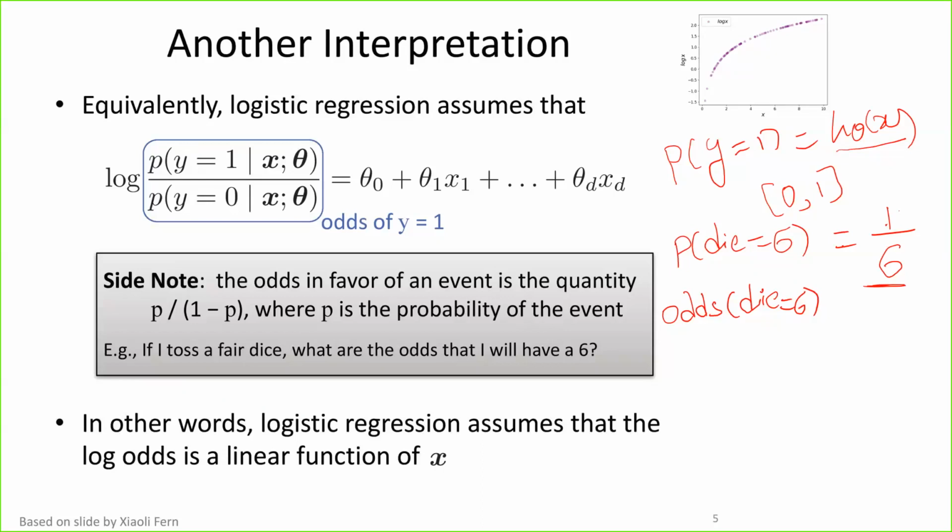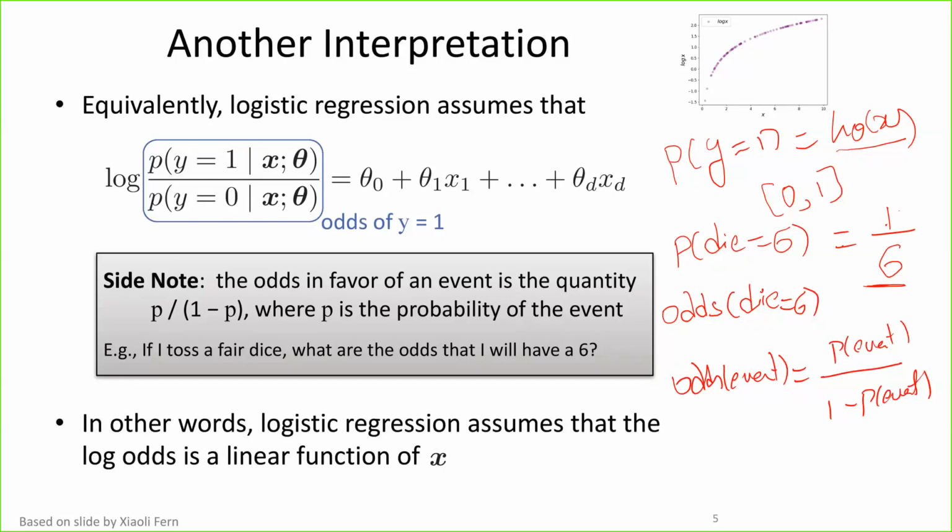Suppose I ask you the odds in favor of some event. The odds of the event is equal to the probability of the event divided by 1 minus the probability of the event. This is the definition of the odds.